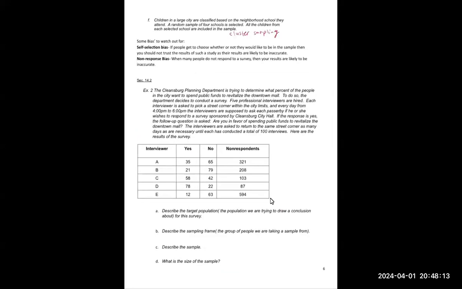All right, here's some bias that you do need to watch out for when you're doing sampling. The first one is self-selection bias. This happens a lot in the surveys and polls that you may be exposed to in real life.